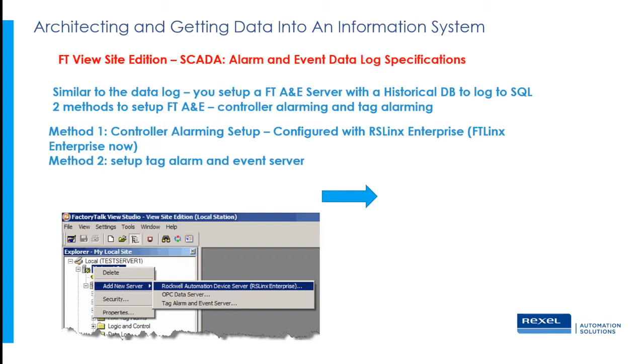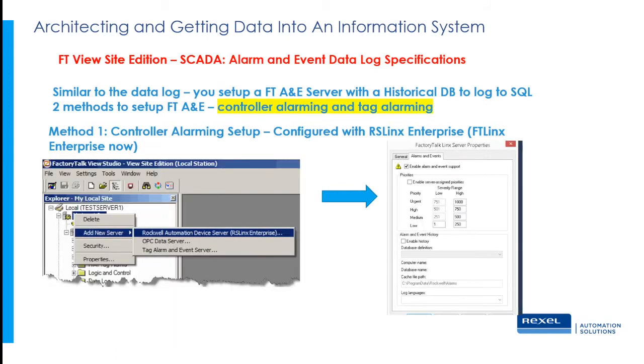So this picture down below here, I'm showing adding a device alarm server. It's highlighted in blue. Then your configuration dialog box would pop up, and you see that checkbox here, where you're enabling alarm and event support.